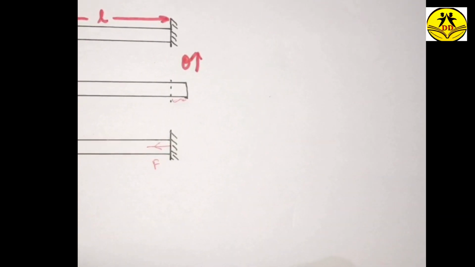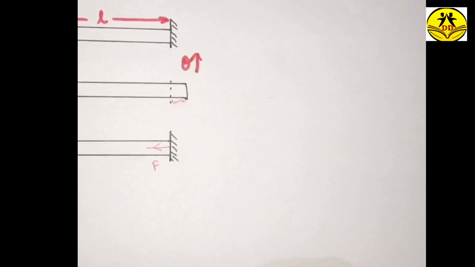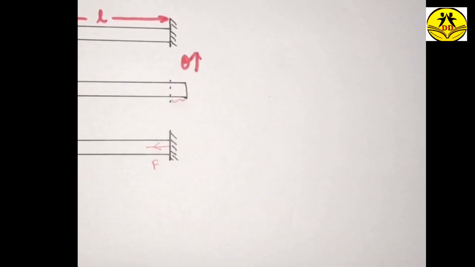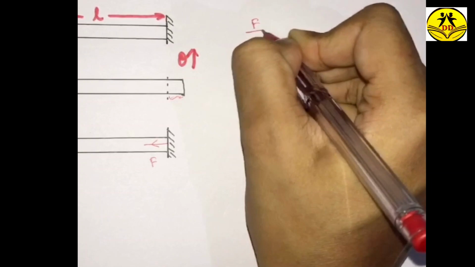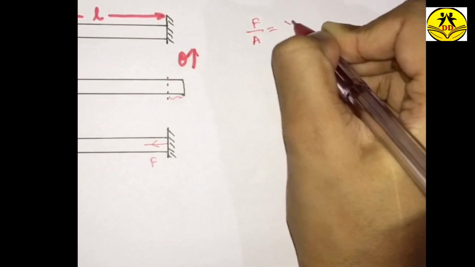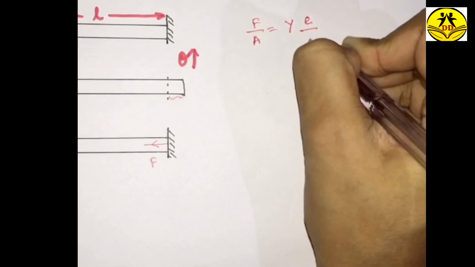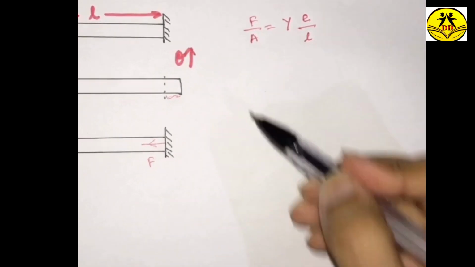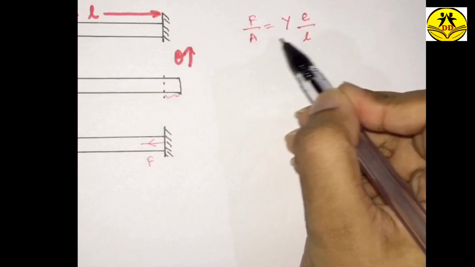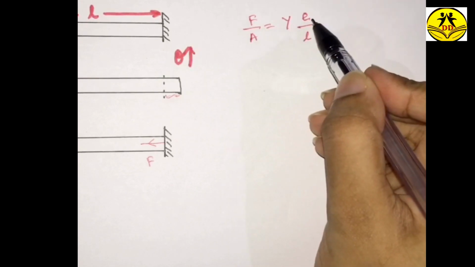So now we are going to find the force exerted here. First we will take our usual equation, F over A equals Y E over L. Here we know the terms: force, area of cross section, Young's modulus, extension, and the original length.